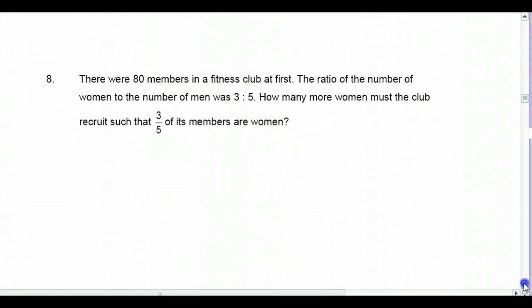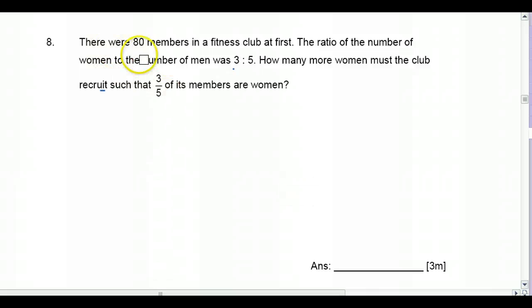Question 8. There were 80 members in a fitness club at first. Ratio of the number of women to the number of men was 3:5. So I want to find women is to men, 3:5.